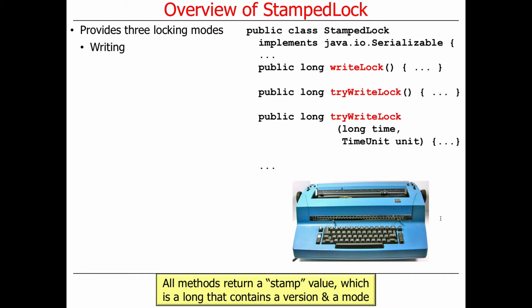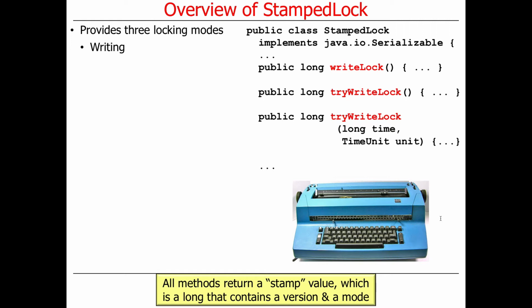All the methods here, which we'll look at in a second, writeLock, tryWriteLock, etc., return something called a stamp value. And that's why they're stamped locks. A stamp value, which is implemented as a long, contains a couple of pieces of information which are ORed together using bitwise operations, so that you can put multiple pieces of state into one efficient token, which is the long.